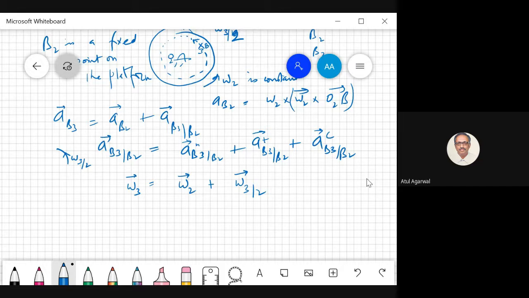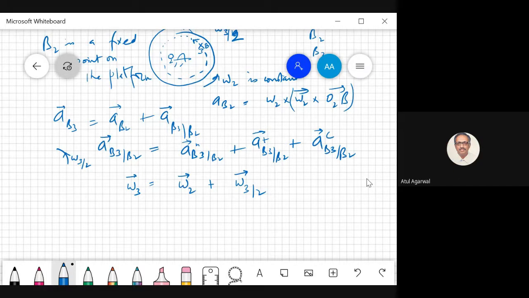Now what is acceleration of B3 with respect to B2? What is the relative motion of the runner with respect to the platform? Is it a straight line or it is a circle? Sir, maybe straight line outwards.